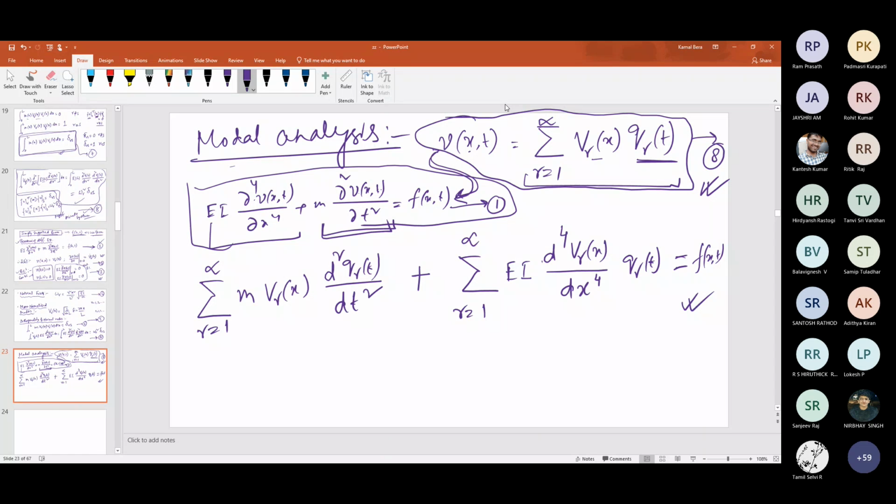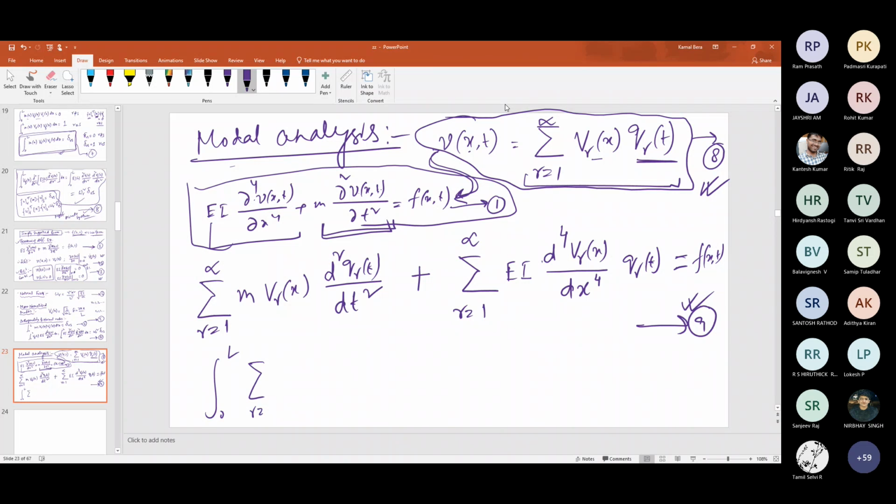If no problem, multiply this by Vs(x), integrate over the domain, and invoke the orthogonality condition. Multiply equation number 9 by Vs(x).